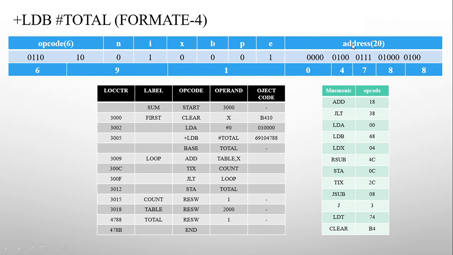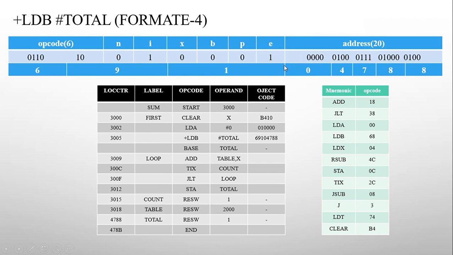Next, let us consider the address. The address is nothing but here #TOTAL. We need to find out in which memory location TOTAL is present. Here TOTAL is present in 4788. Therefore, we are setting the address value as 4788, writing 4788 in the form of binary.